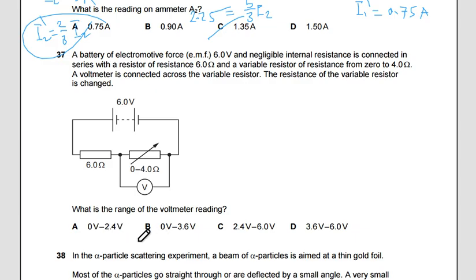So it is A or B. For the maximum value of the rheostat or variable resistor, 4, we will have the total resistance as 10, and the current will be potential 6 over 10, which is 0.6 ampere, and when we multiply this current by the value of the resistance to find the potential difference or potential drop across it, it will be, okay, sorry, this is 2.4.